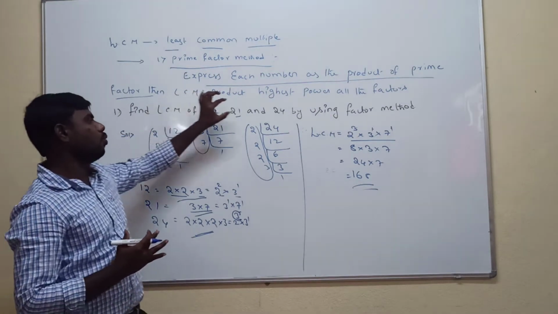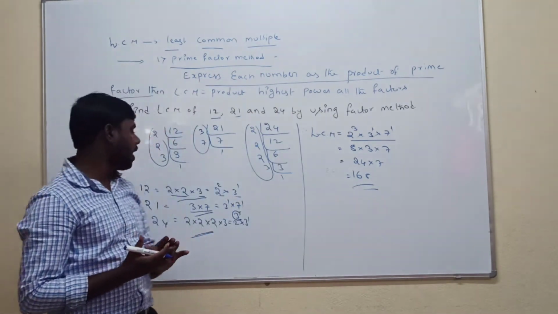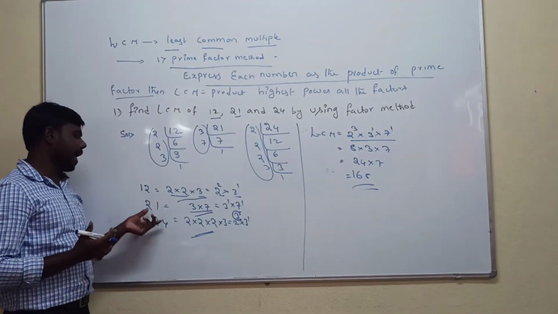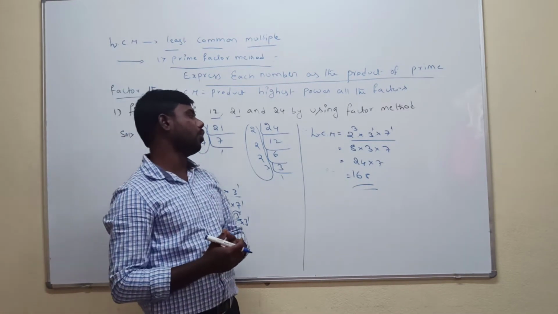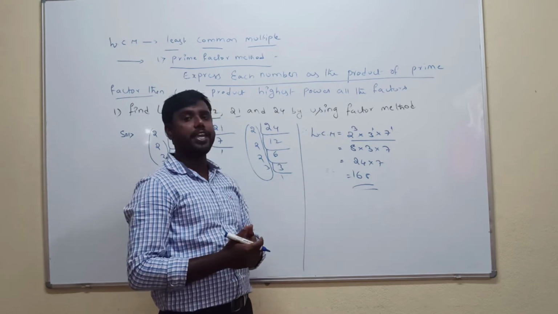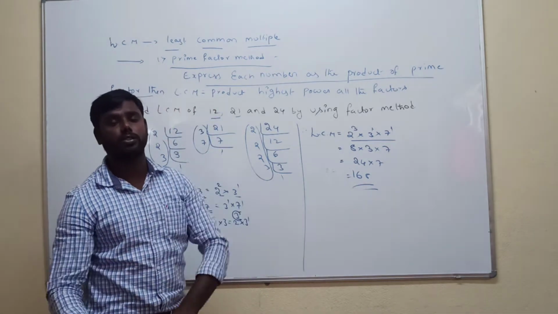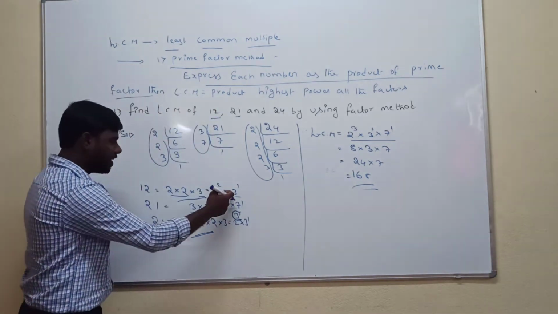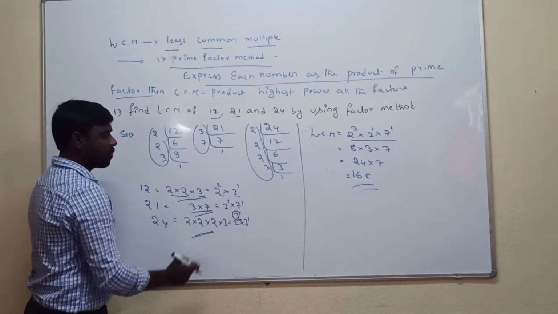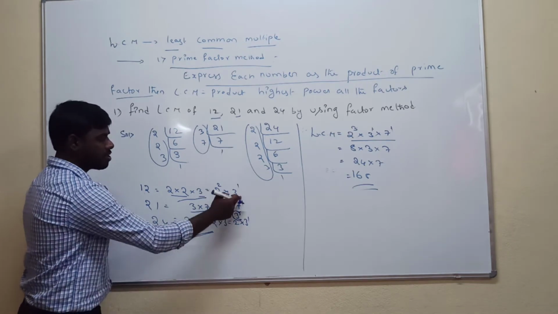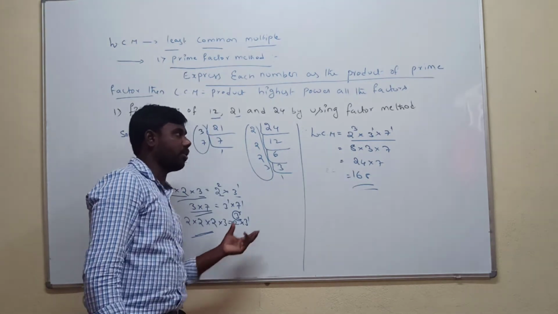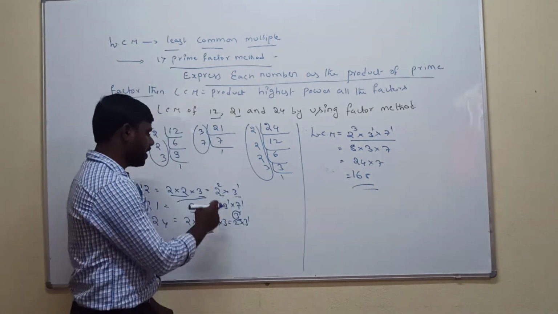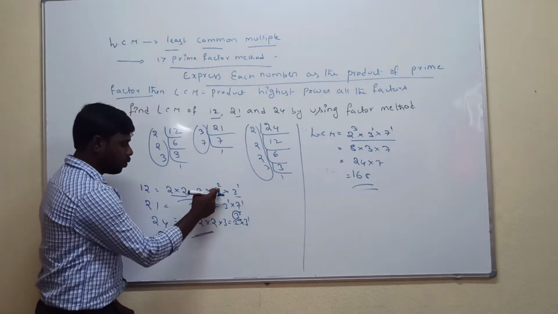For the given problem using the factor method, express each number as the product of the prime factors. Then LCM is equal to the product of the highest power of all the factors. Here, 2 is present, 3 is present, 7 is present. After that, we take the highest power.